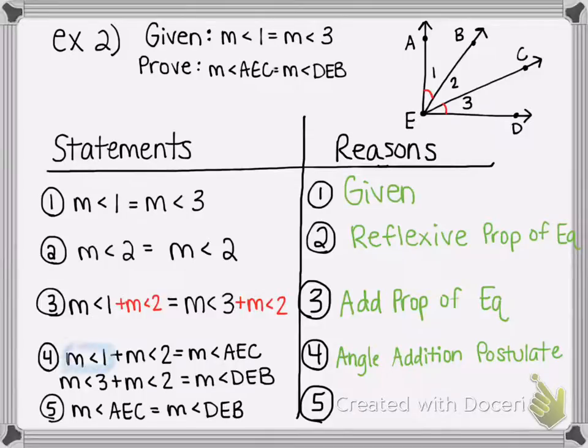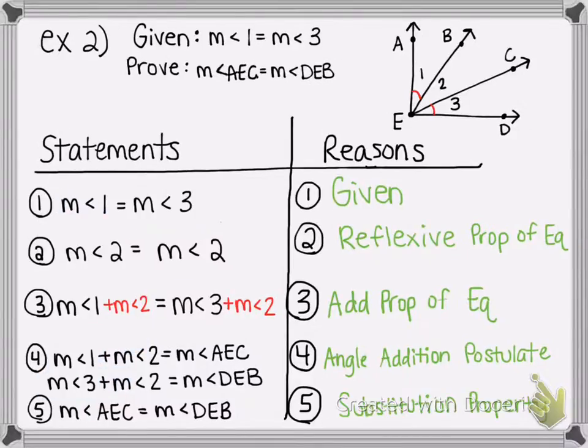We said that angle 1 is equal to angle 3. So if we know these two blue boxes are equal, then we can still add the measure of angle 2 to both of those, and it's not going to change because 1 and 3 are actually the same measurement. So then we can say that AEC and DEB are the same because all we did was just substitute.